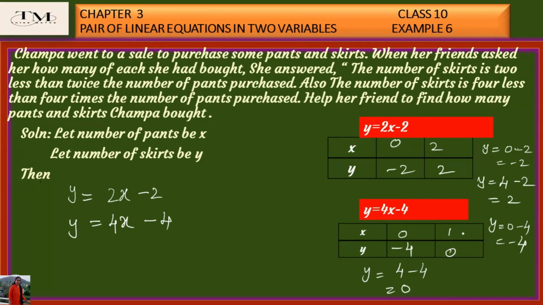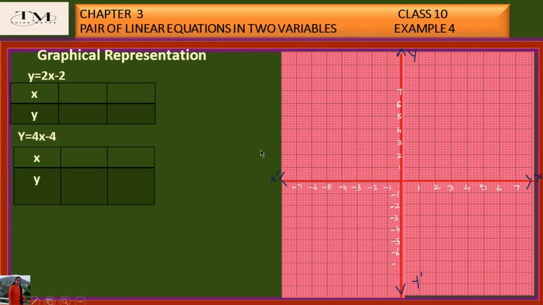Now we have to plot the graph. So let me go to the next page. Here y is equal to 2x minus 2 and y is equal to 4x minus 4. Let me write the values here. For 0 we got minus 2, for 2 we got 2, and for the other equation for 0 we got minus 4, and for 1 we got 0.